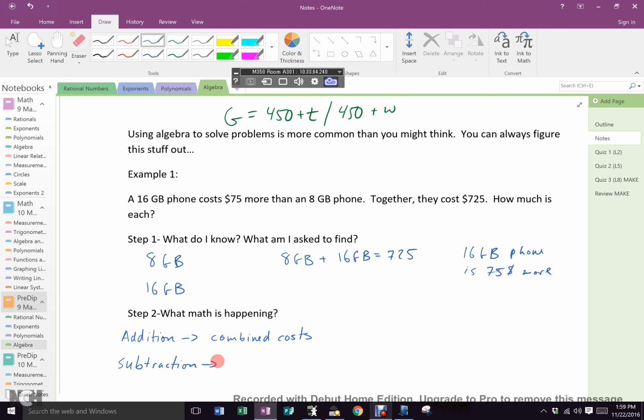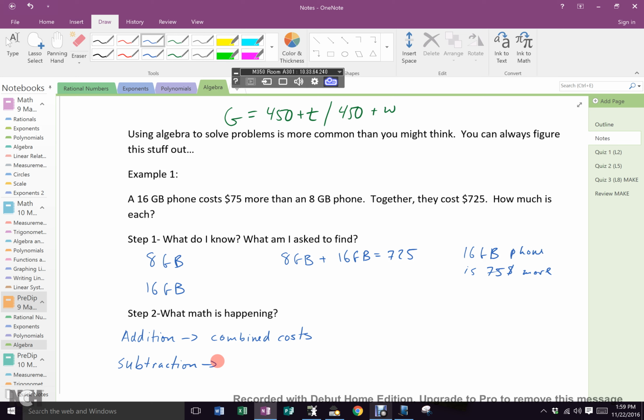Okay, so on mine, I'm going to subtract 75 from 725 to get 650, and then divide by 2 to get 325, so I got the base of each phone, and I added 75 to one, so then you get 400 and 325. Is that okay, everyone? Does that satisfy the rules? Sure it does. Nothing wrong with that.